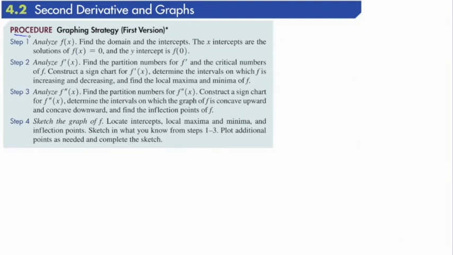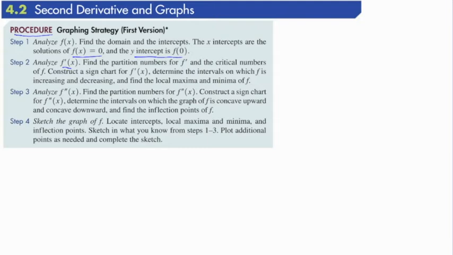So here we have a set of guidelines for plotting points using derivatives to graph a function. Step 1, analyze f of x, find a domain and its intercepts. The x-intercepts are the solutions of f equals 0, and the y-intercept is f of 0. Step 2, analyze the derivative of the graph. Find the partition numbers for f prime and the critical numbers of f, and construct a sign chart.